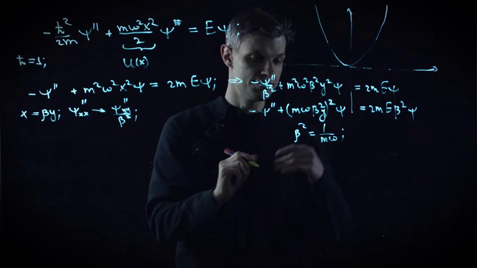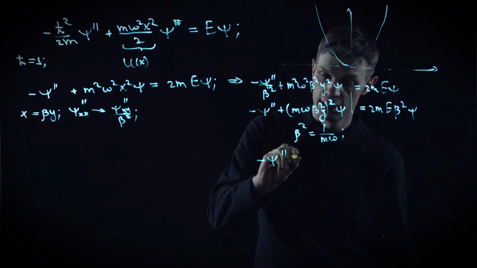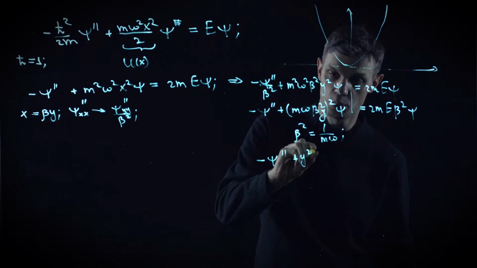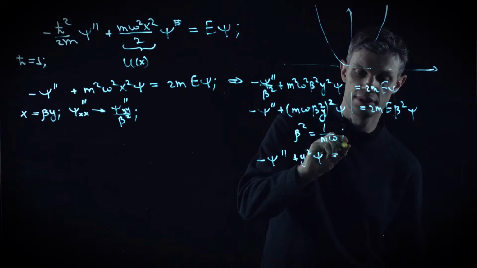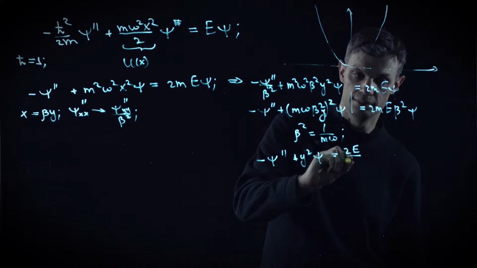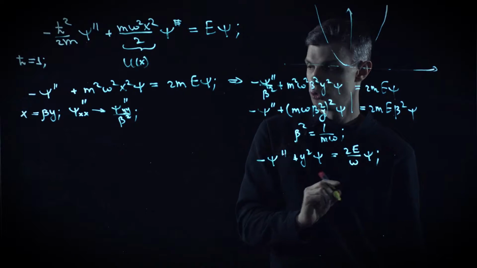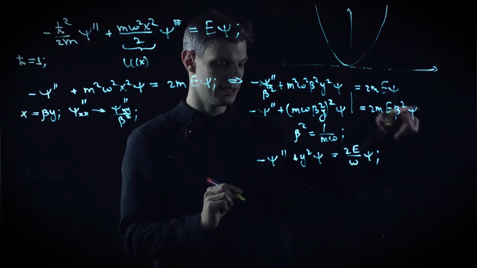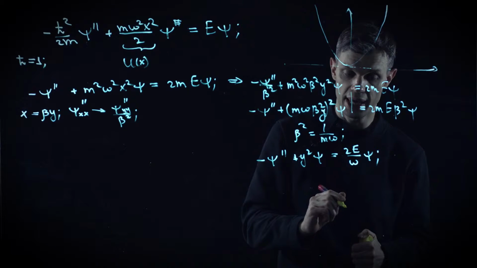And then the equation is turned into a simpler one. So it's just minus psi double prime plus y squared psi equals 2E divided by omega times psi.